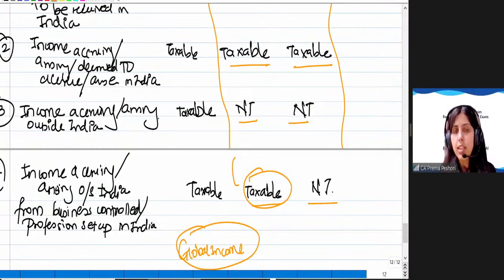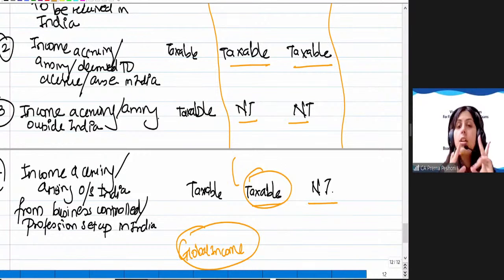Now understand one thing. Why was this separate category of RNOR created? Why was this particular category created separately? Why is a person not directly a resident? This category was created because when you become a resident in India, your tax rates change.